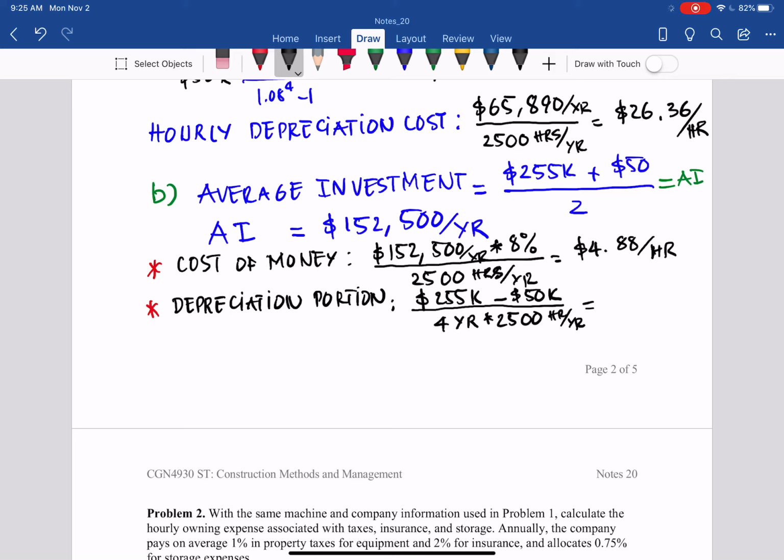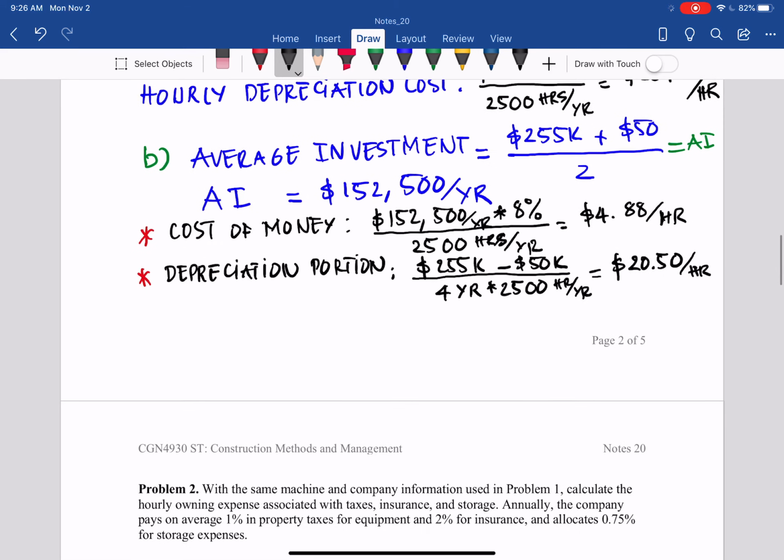So with that we get $20.50 per hour. The year cancels out, so the denominator becomes an hour, so you have $20.50 per hour for the depreciation portion. So with this average investment method, we can find the hourly depreciation cost.